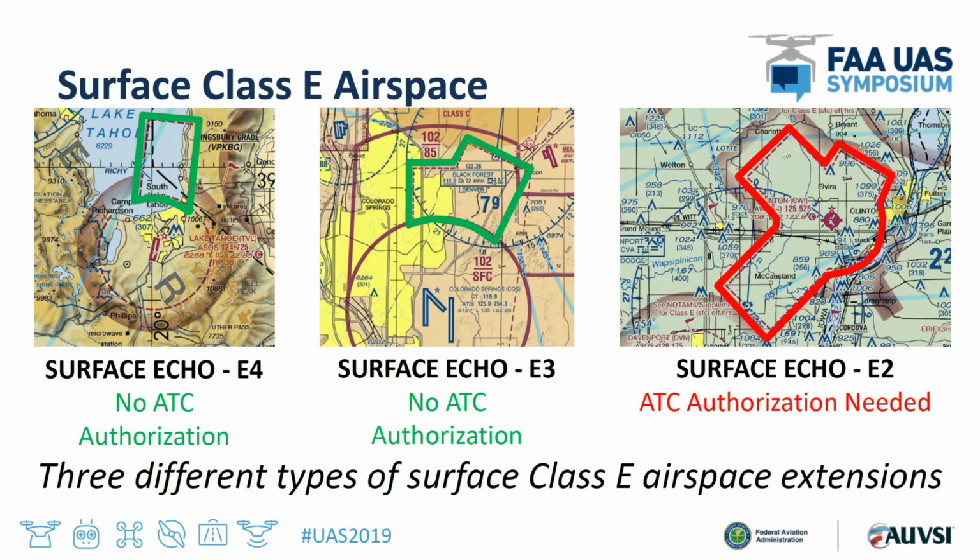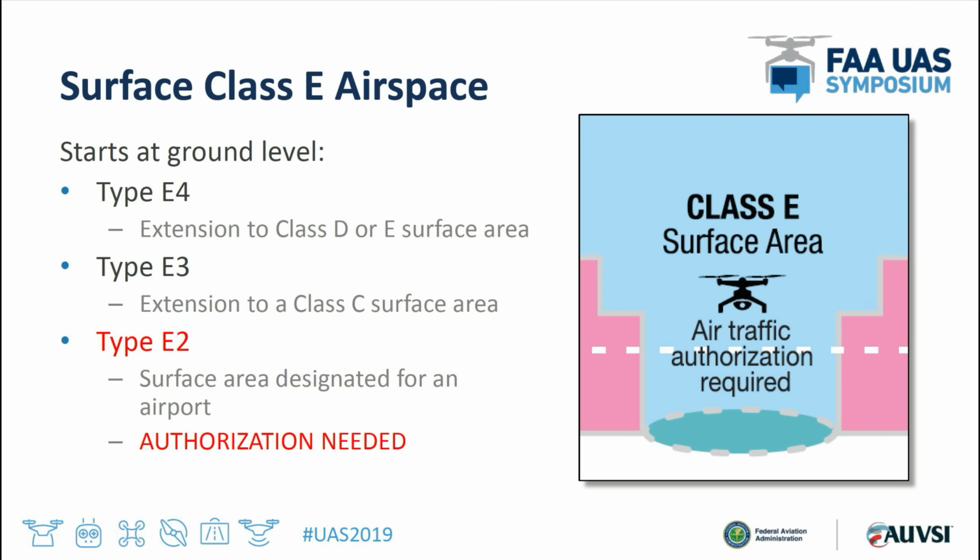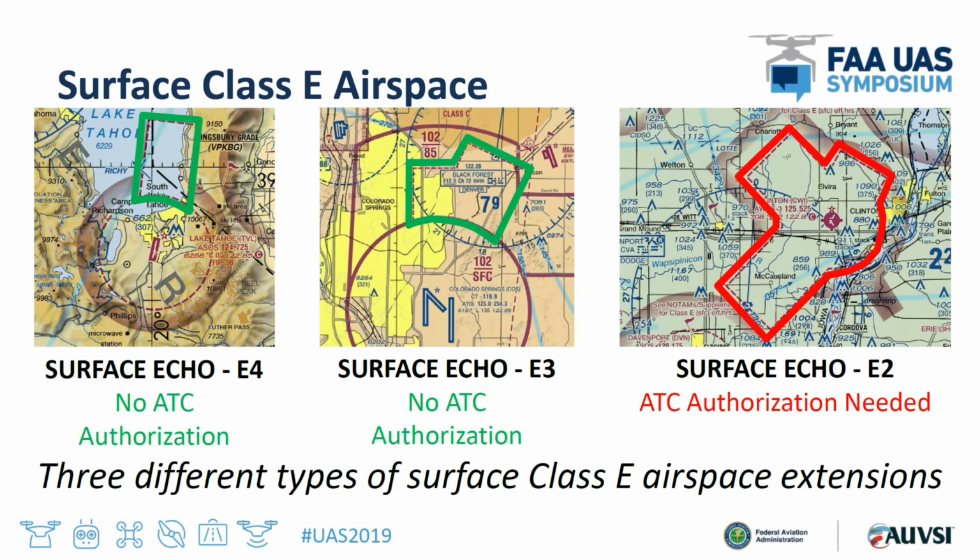And if it is Class E2, then you do have to get authorization. For instance, that's an airport in controlled airspace, and it's just a segmented magenta line around it, and you've got to have clearance to fly in that airspace.